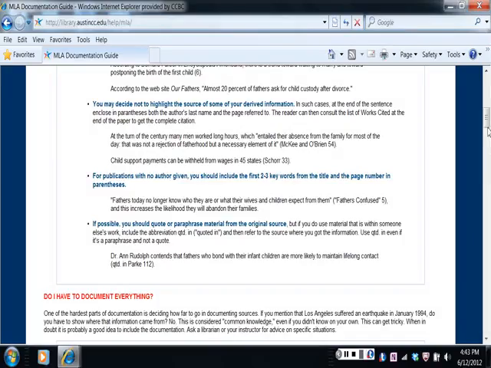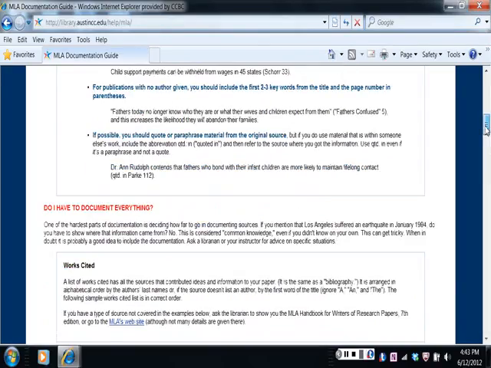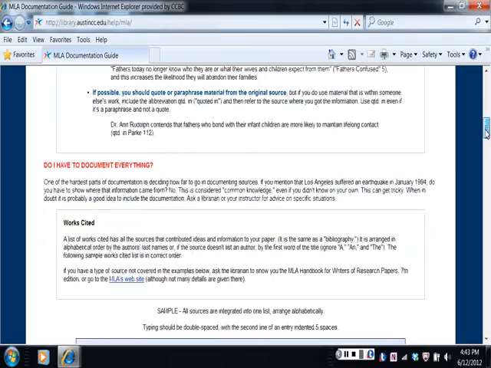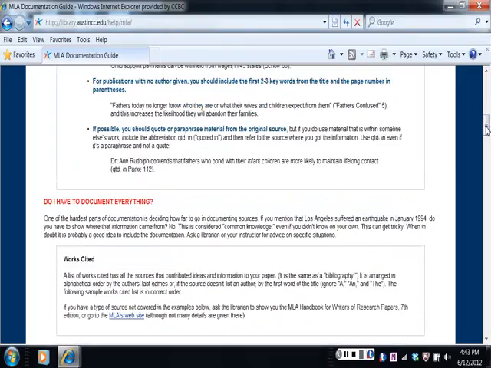Then it says here, if possible, you should quote or paraphrase material from the original source. So what they're explaining here is if you are reading a source and they quote Shakespeare, it's preferable to quote from the Shakespeare than to quote the source quoting the Shakespeare.